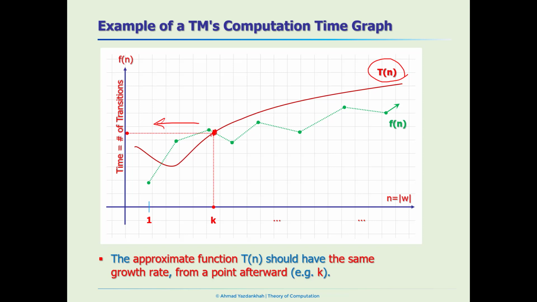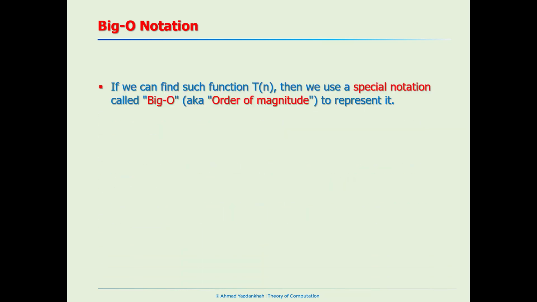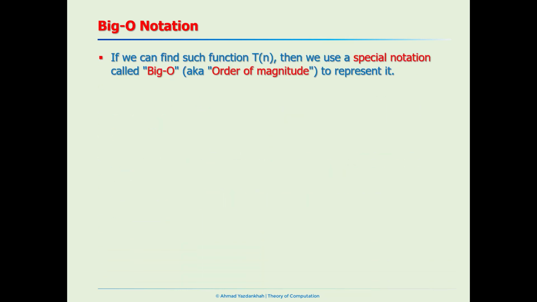If this is the case, then we would say t of n is a good approximation for f of n. And then we will define a new notation that we call big O notation.